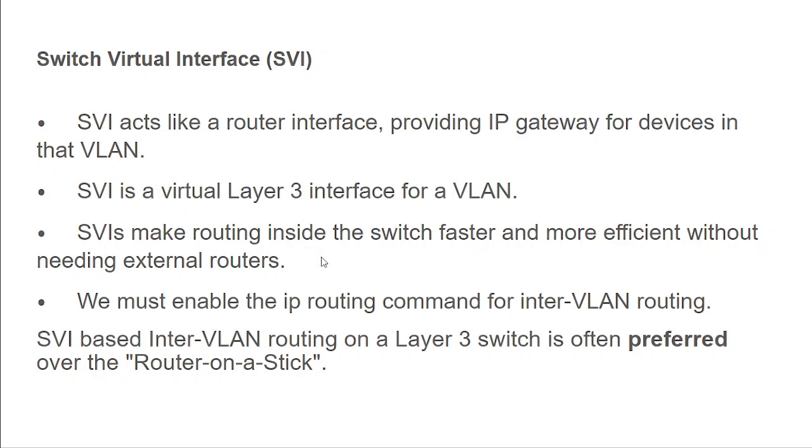SVIs make routing inside the switch faster and more efficient without needing external routers. We don't need an additional separate router if we have a layer 3 switch using SVI. We must enable the ip routing command for inter-VLAN routing in this case.